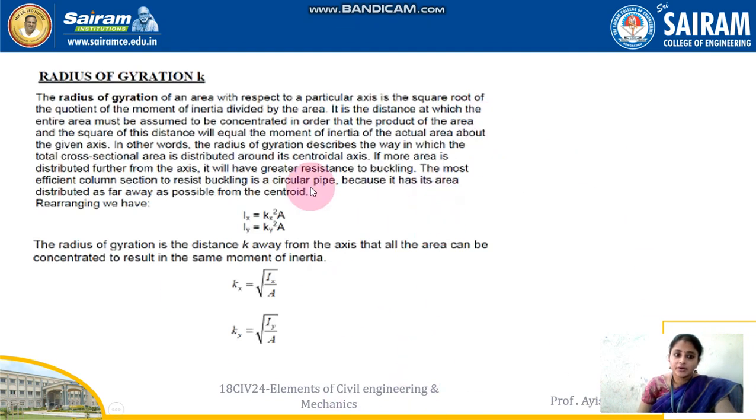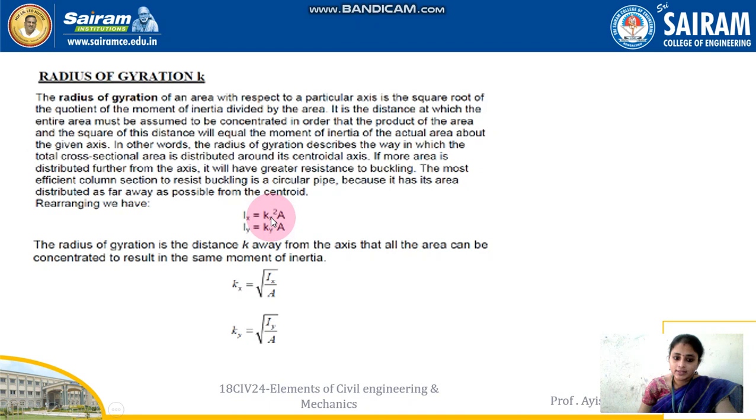Okay, so radius of gyration. Radius of gyration is nothing but root of I by A, that is, the square root of the moment of inertia divided by area. Moment of inertia is represented as I and area as A. For the x distance, kx is equal to root of Ix by A, and for the y distance it is root of Iy by A. How did it come? It is area into distance square.